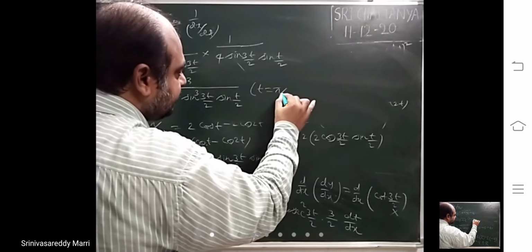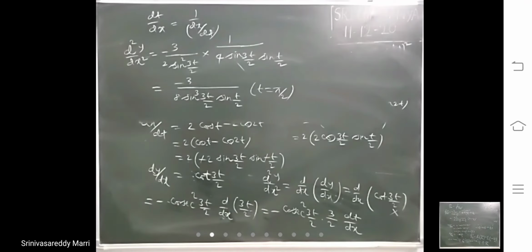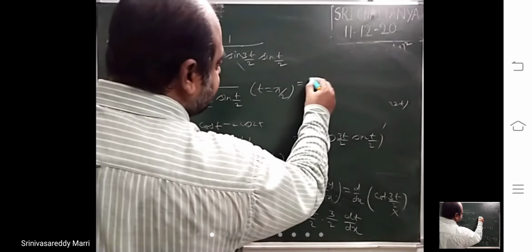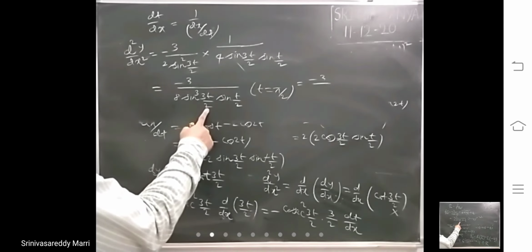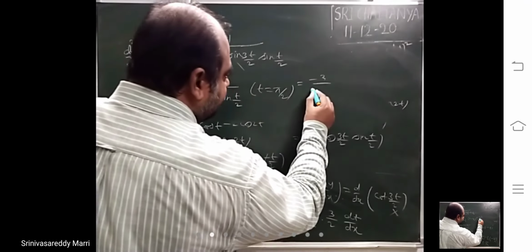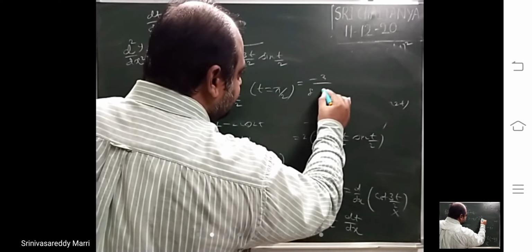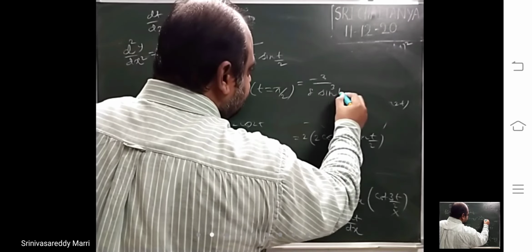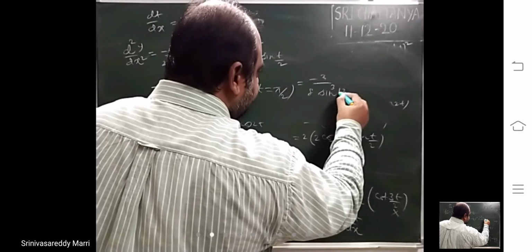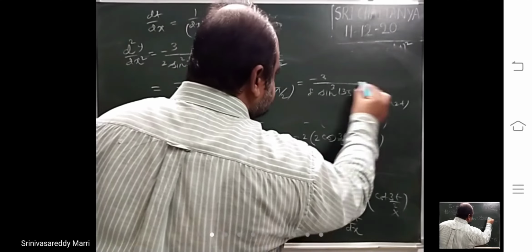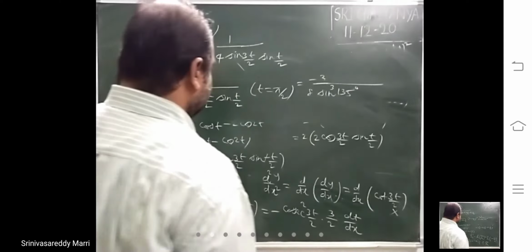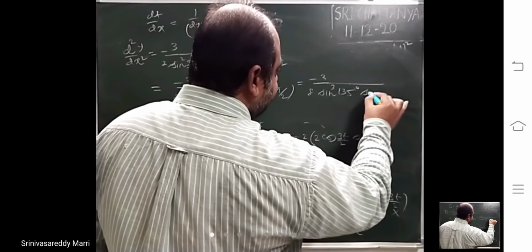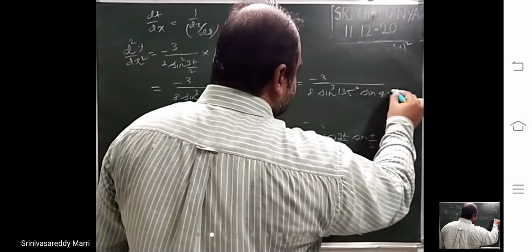He is asking the value at t equal to pi by 2. Now I am substituting t equal to pi by 2. It will become 3 pi by 4, that means sine cube 135 degree into sine 45 degree.